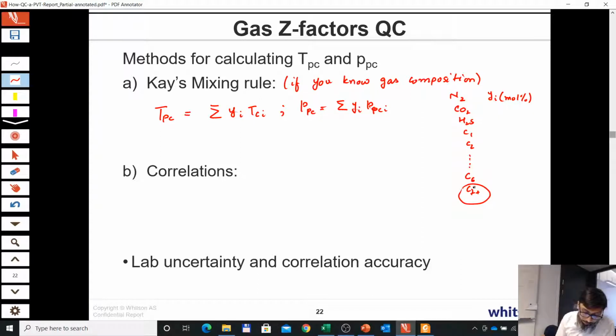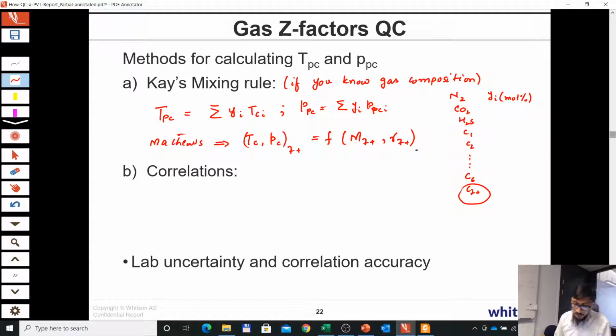So there is this method given by Matthews, and what this method says is that the TC and PC of C7 plus can be calculated if you know the molecular weight of C7 plus and the gravity of C7 plus.